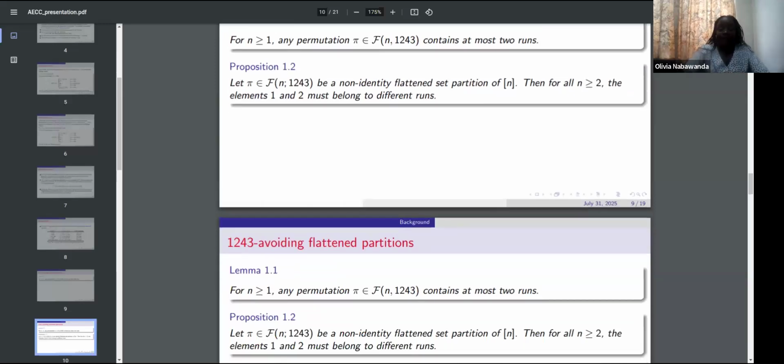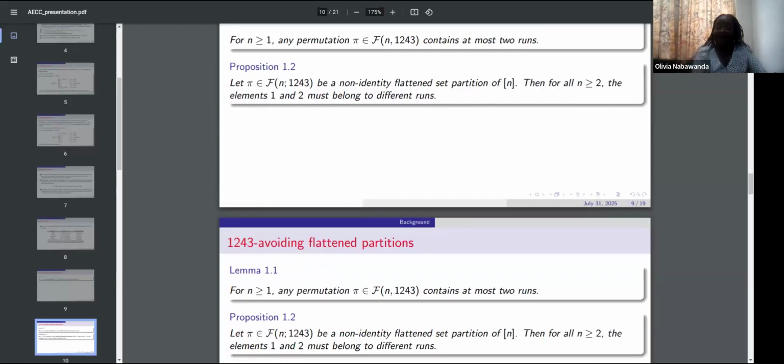And then the second property was that if you suppose that you have pi, which is an element from the set of 1, 2, 4, 3 avoiding flattened partitions, and supposing that pi is not an identity, then the elements 1 and 2 must belong to different runs.